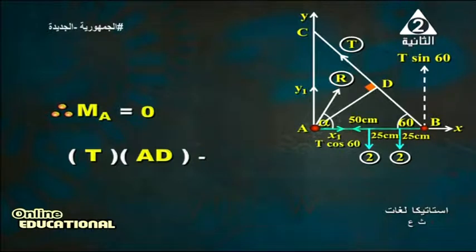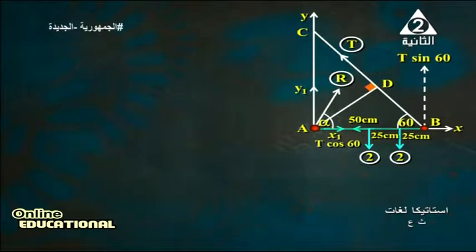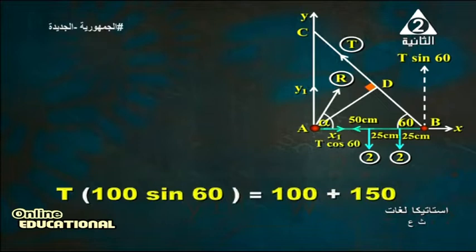pass through the point A. We have other forces, such as the tension at D, with the distance between point A and the tension being AD. T times AD minus 2 times 50 minus 2 times 75 must equal 0. We know that AD in this case is 100 sine 60.